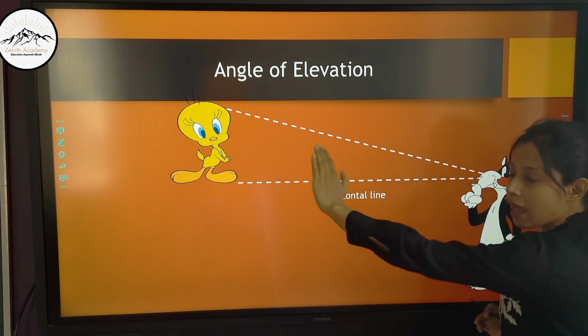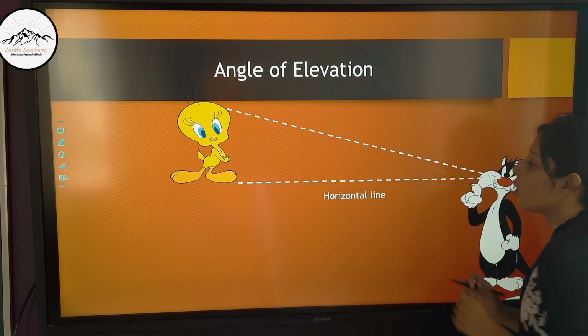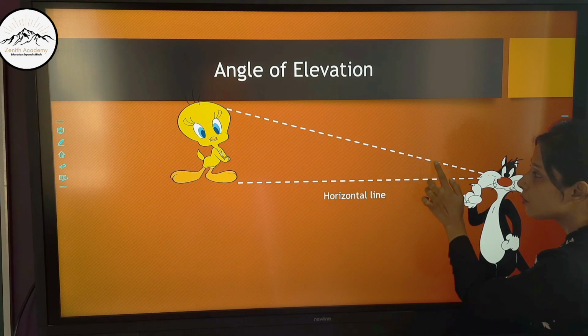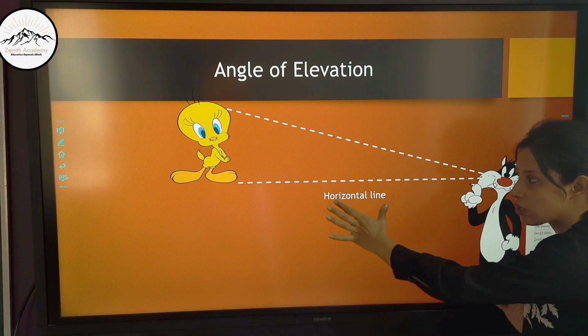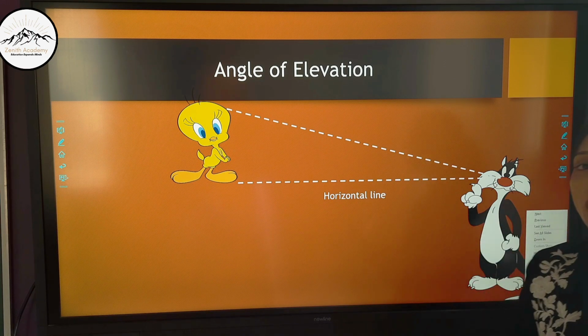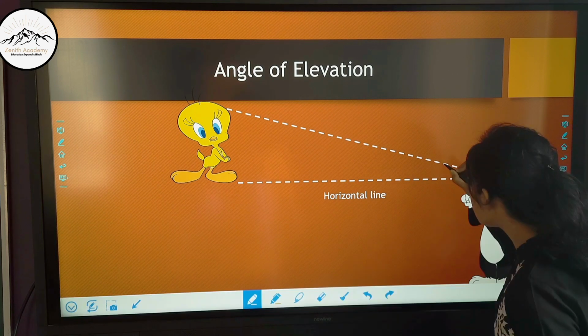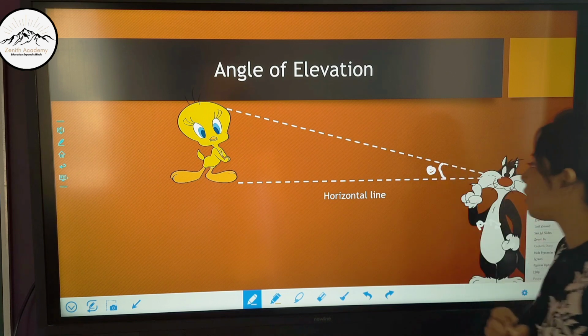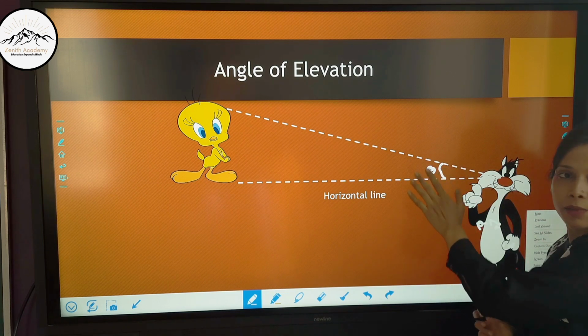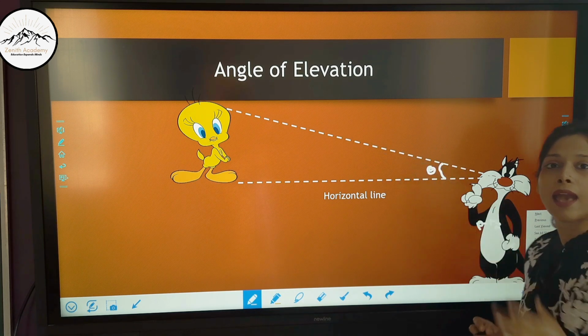And when this is the line of sight, this line of sight will make an angle with this horizontal line, and that angle will be called the angle of elevation. This is making this angle, say suppose this is theta, and this theta here is known as the angle of elevation.